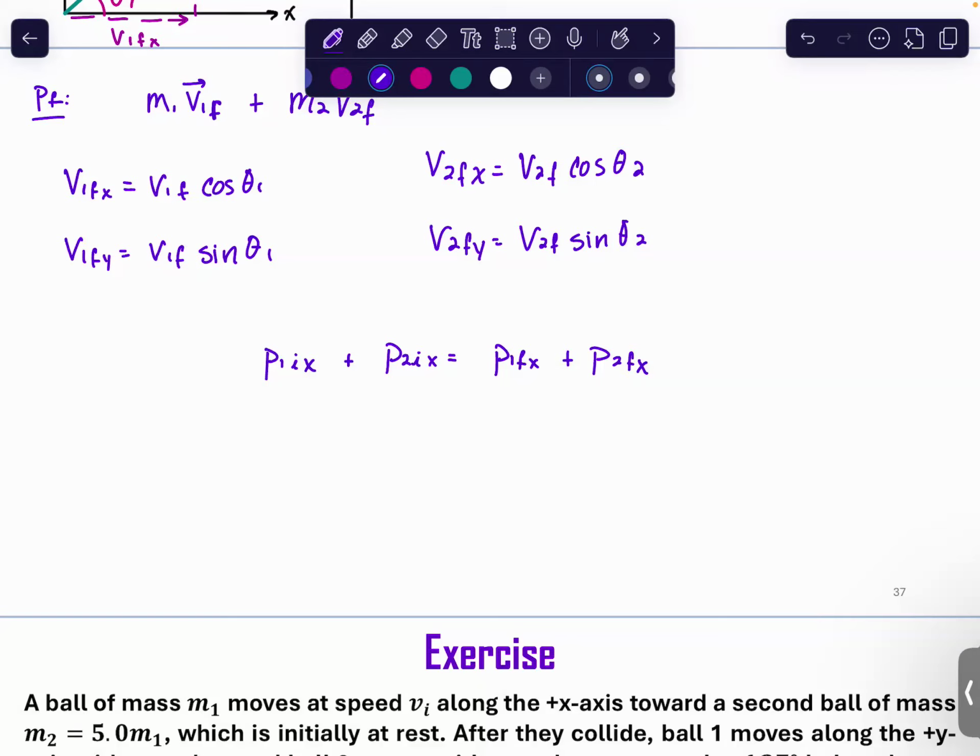So there we have the conservation of momentum in the x direction, and similarly our conservation of momentum in y. So we can split these two directions apart.